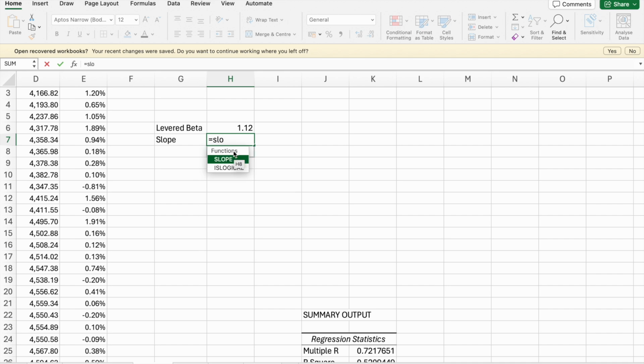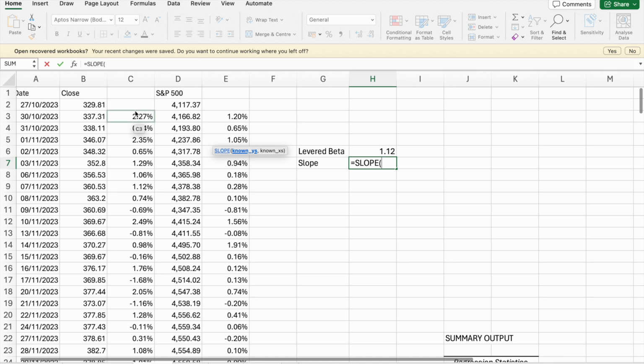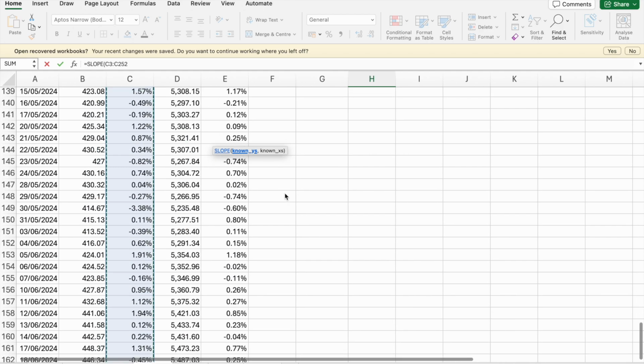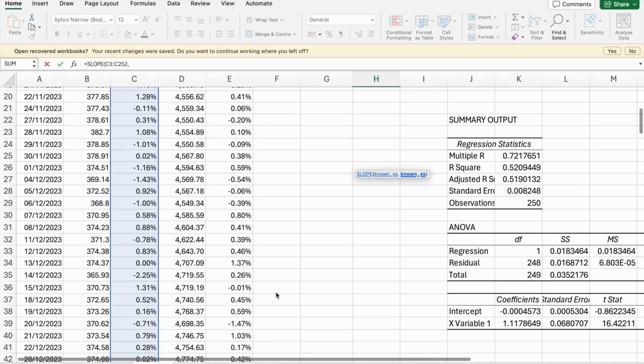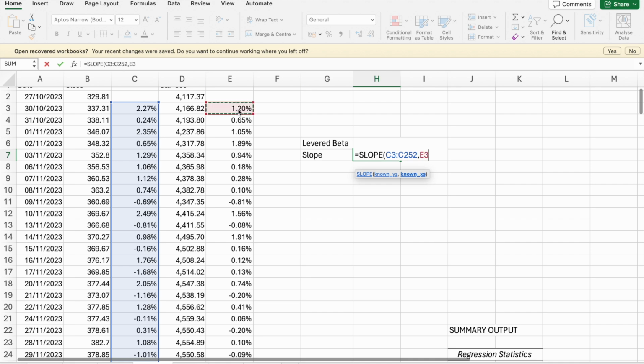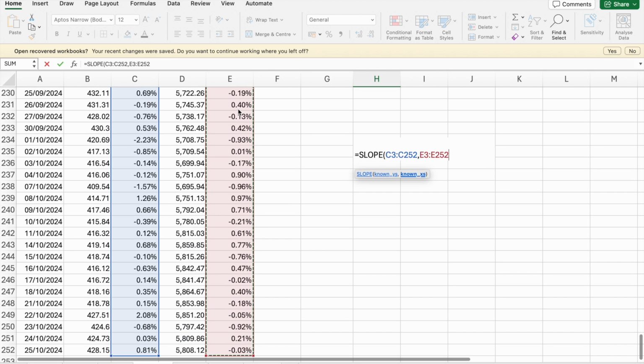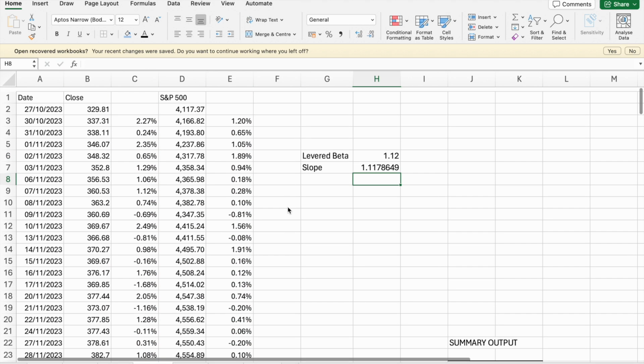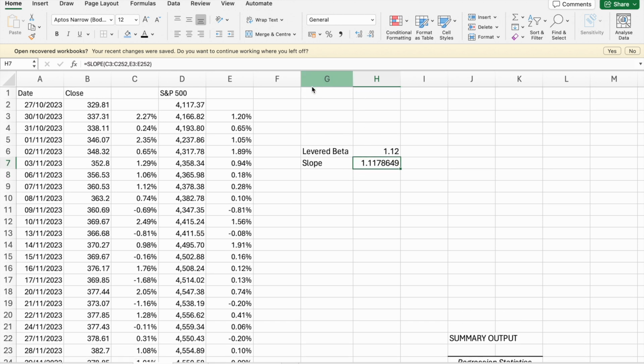Simply write slope, and select the y, the dependent variable, the return for the Microsoft company here, and the x variable, which is the return for the S&P 500, Standard and Poor. We can see here, if we remove the decimal, 1.1 to 1.12, so we are absolutely right, we are on the right track.